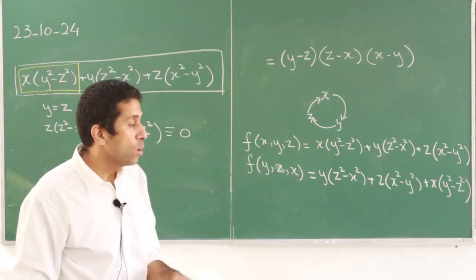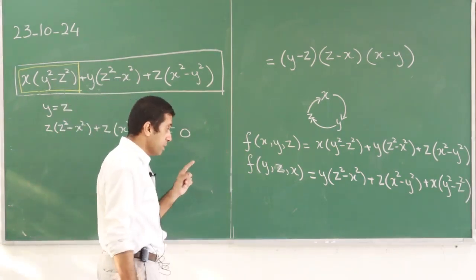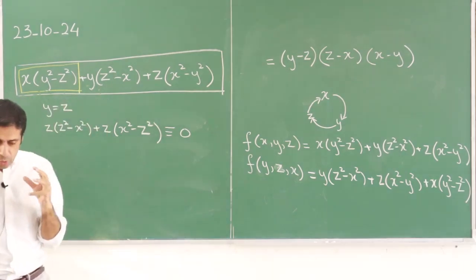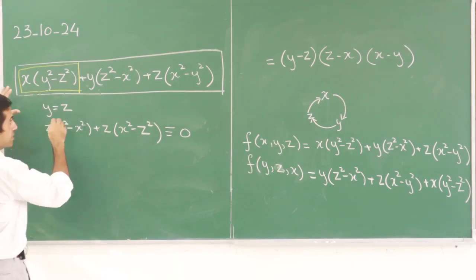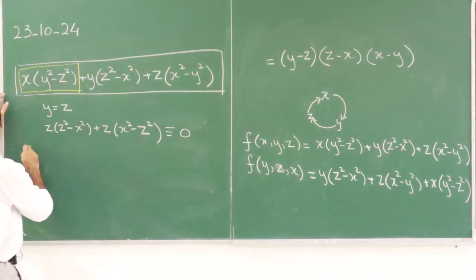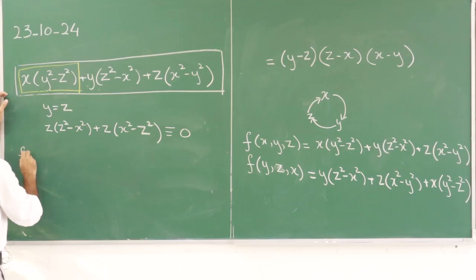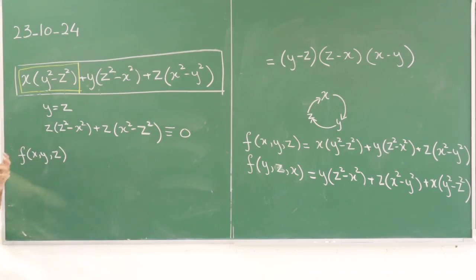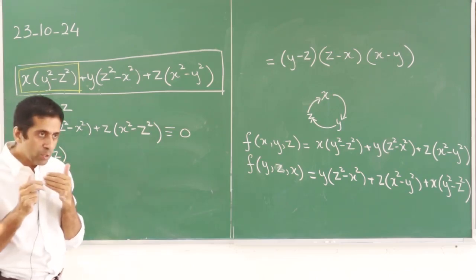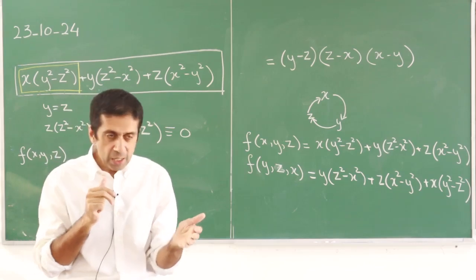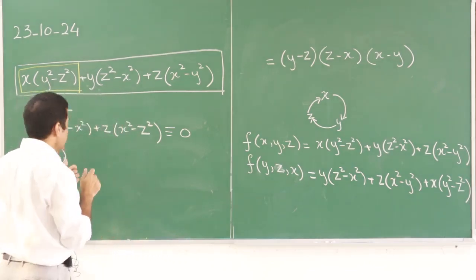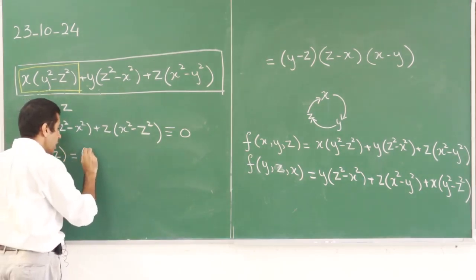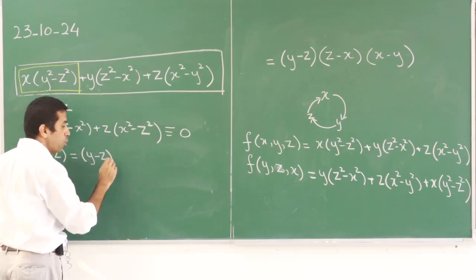What does it mean? Remember, if this can factorize, let's say this polynomial is f of x y z. If I put y equal to z, the polynomial goes down to 0, right? So it indicates that in its factorization I should have a y minus z or a z minus y.